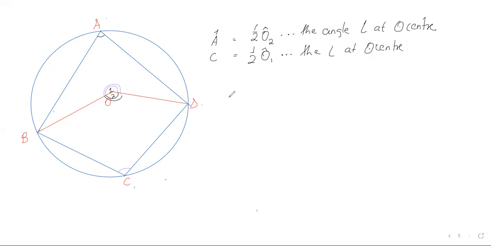Now, if you add angle A to angle C, that is half angle O2 plus half angle O1.